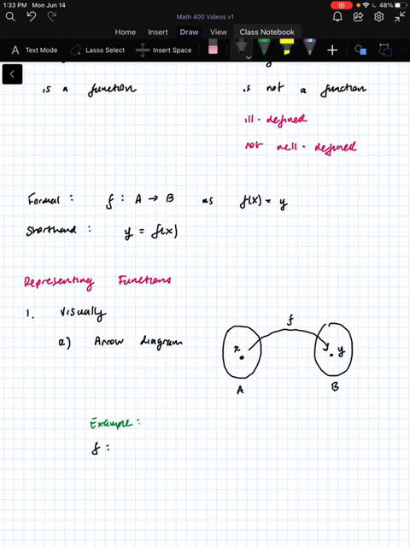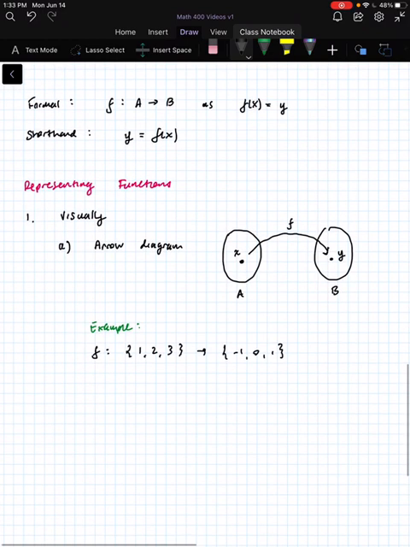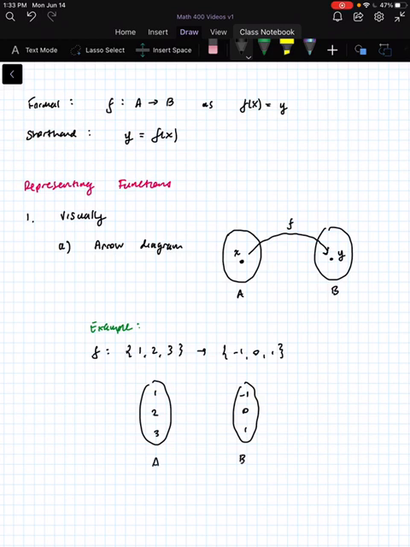So, for example, let's say we have the function f taking the set 1, 2, and 3 and assigning -1, 0, and 1, specifically in that order, right? So we have the set A like this, 1, 2, and 3. Now we have set B like this, -1, 0, and 1.